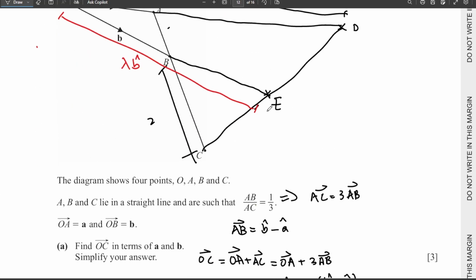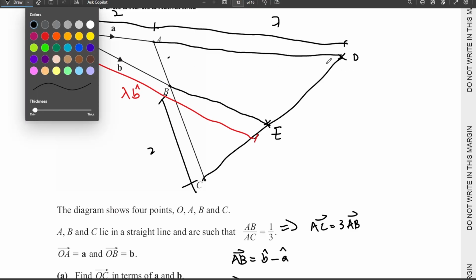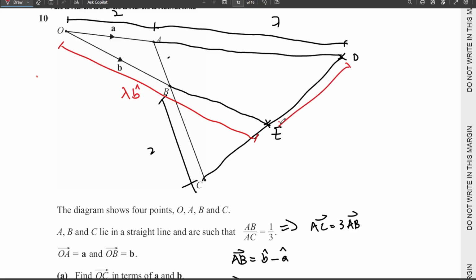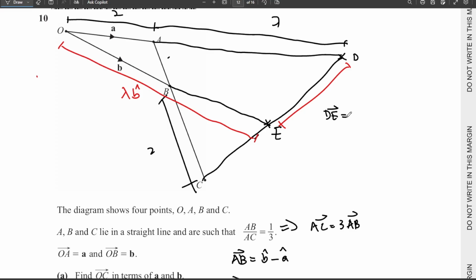DE we don't know what that is, but no matter, because it's in the same direction as CD, just a scalar multiple. So let's assign it another unknown. Lambda is used already, so let's use another letter, gamma. DE is a scalar multiple gamma of DC.